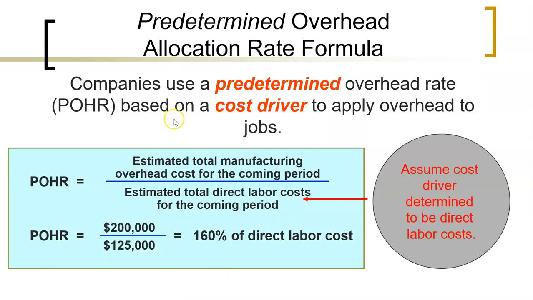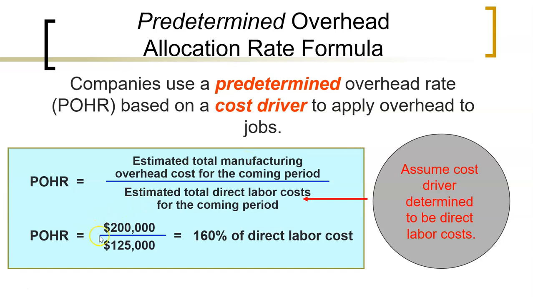The way we come up with that estimate is by using a predetermined overhead rate based on a cost driver. The predetermined overhead rate is the total estimated manufacturing overhead cost that we anticipate, divided by some type of estimated cost driver activity. Here in this example, they're showing us that direct labor costs are the driver of the indirect cost.